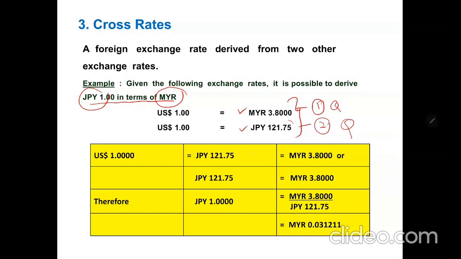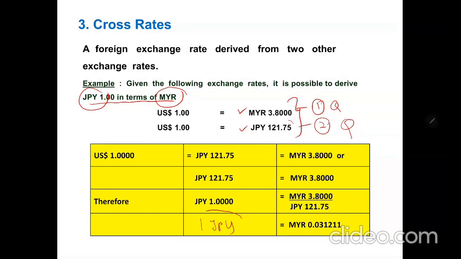So Japanese yen 121.75 is equivalent to 3.8 Malaysian ringgit. Therefore, 1 Japanese yen is equivalent to Malaysian ringgit 3.8 divided by 121.75. So we get 1 Japanese yen equivalent to Malaysian ringgit 0.031211.